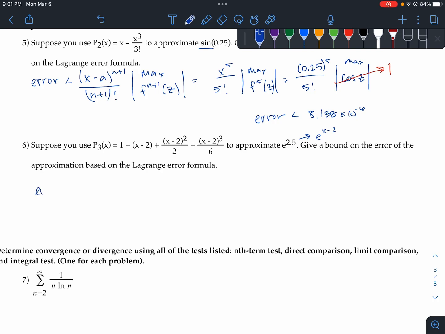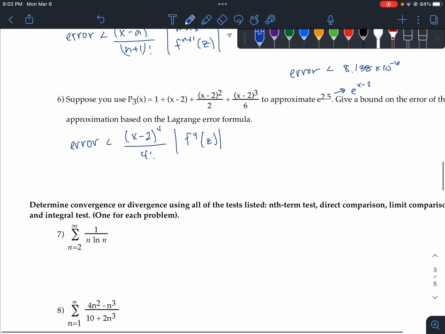So the error has to be less than x minus 2 to the n plus 1, in this case we'll just use 4 because that's the next non-zero term, divided by 4 factorial. Then we multiply by the maximum value of the fourth derivative at z.